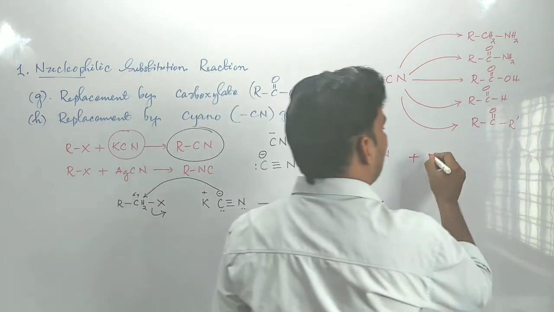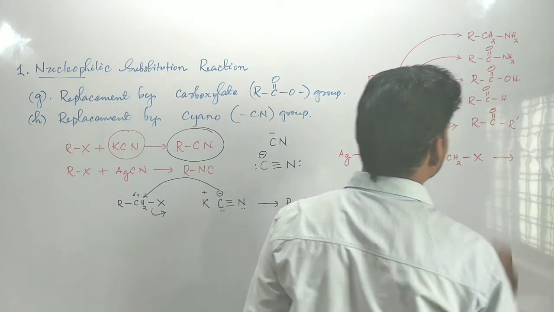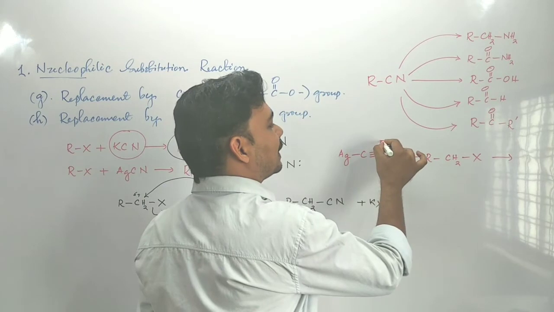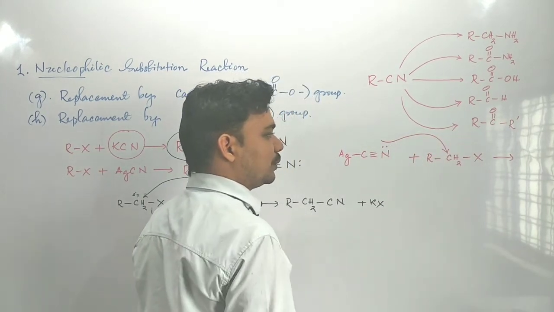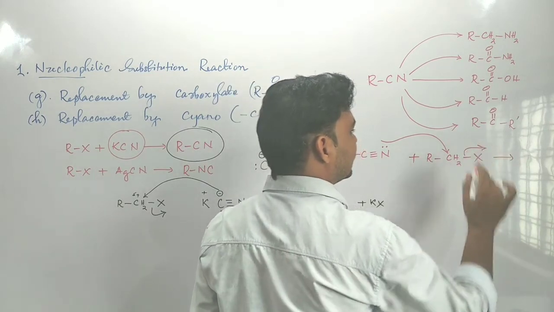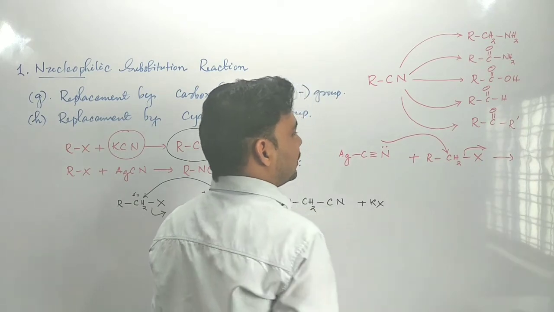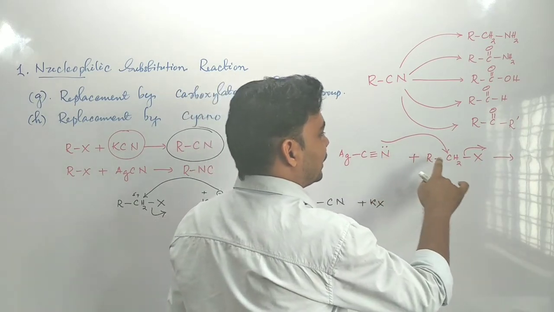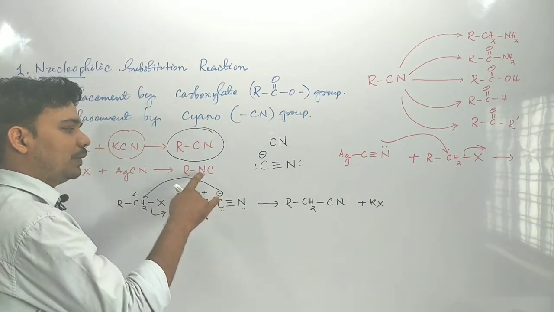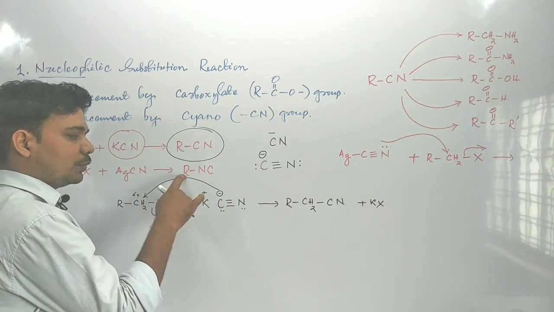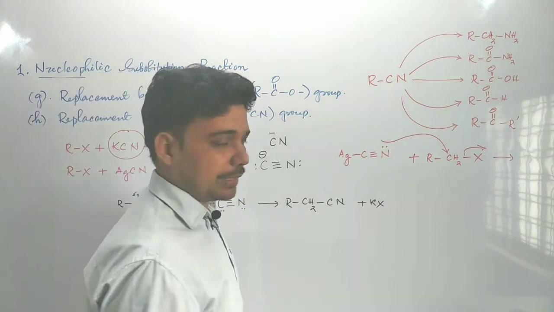So as carbon does not contain an extra electron, here the main nucleophilic site is nitrogen. So when alkyl halide is taken with silver cyanide, mainly it acts as the nucleophile through this nitrogen side, resulting in the release of X minus, such that a bond between nitrogen and carbon is formed. When nitrogen forms a bond with the carbon of the alkyl group, you will get isocyanide.